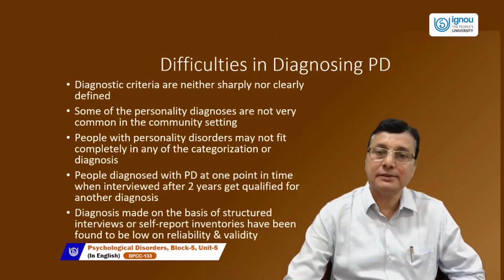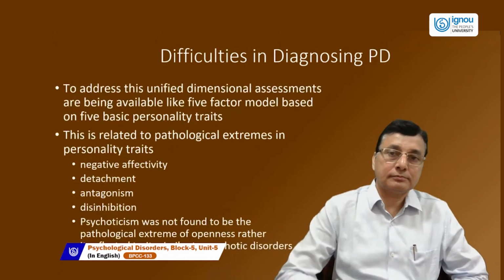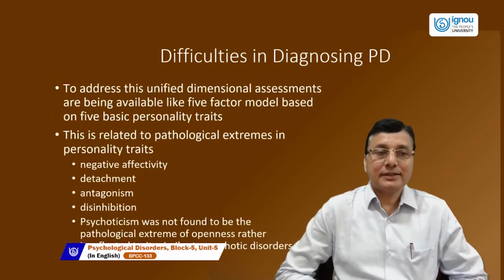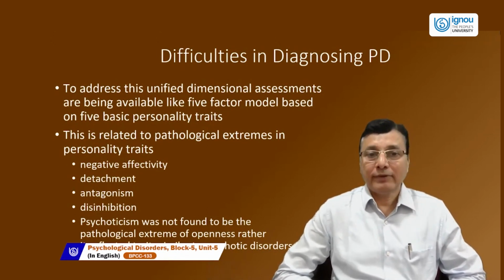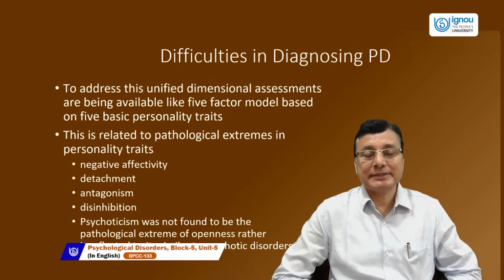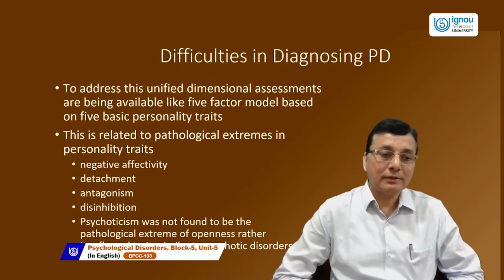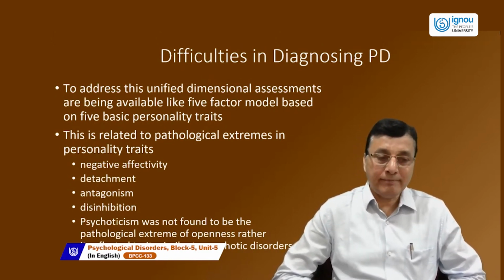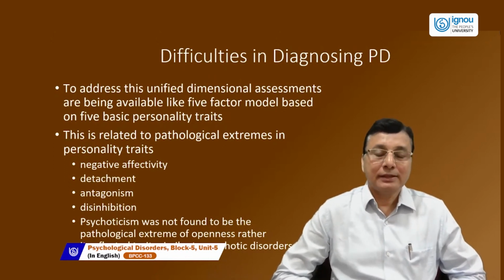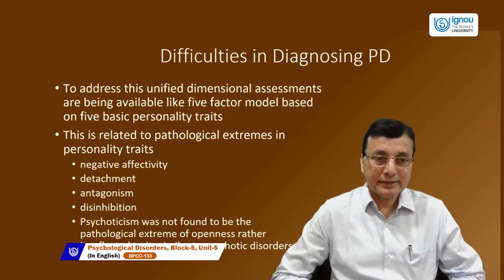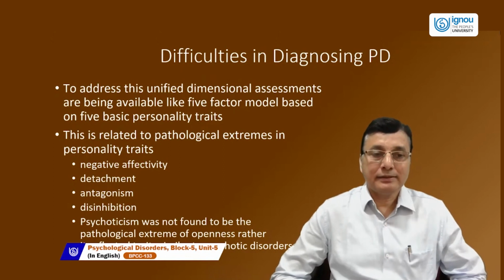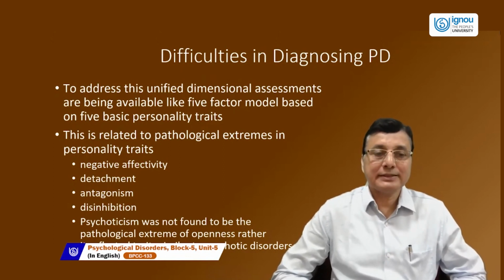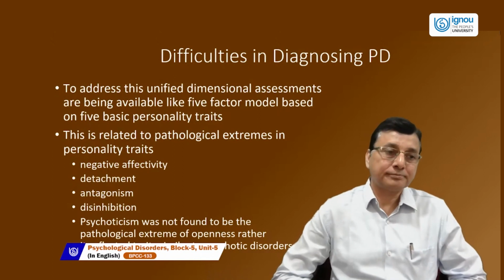Lots of experience is required. So to address this, unified dimensional assessments are becoming available, like the 5-factor model based on 5 basic personality traits, which we call OCEAN: O for openness to experience, C for conscientiousness, E for extroversion, A for agreeableness, and N for neuroticism.